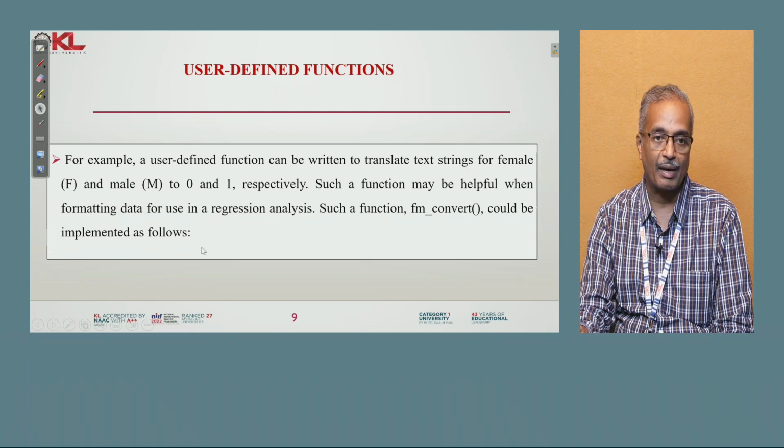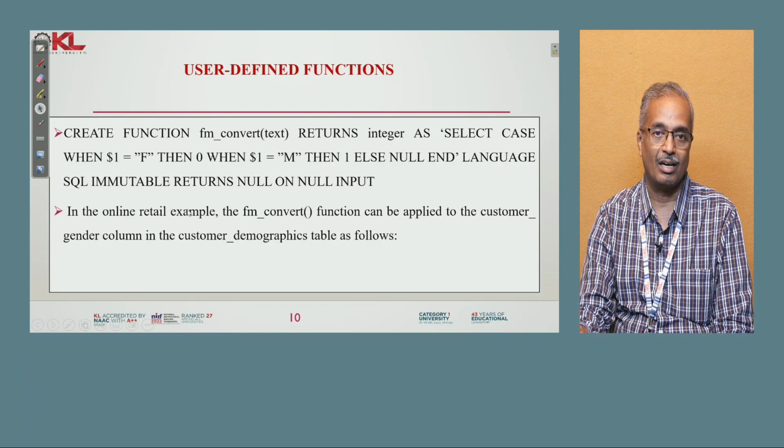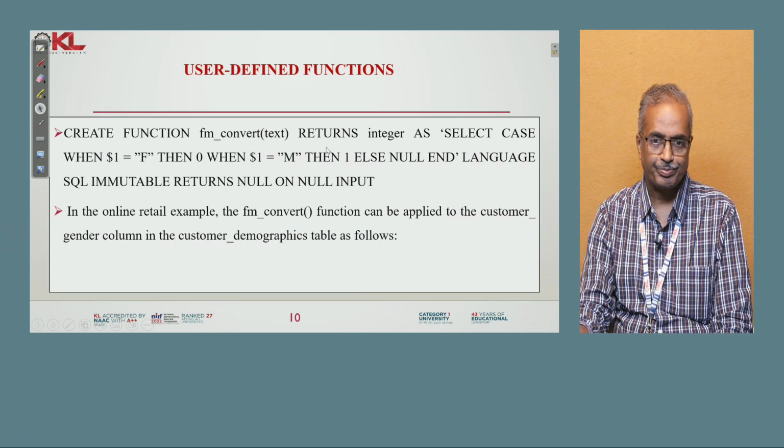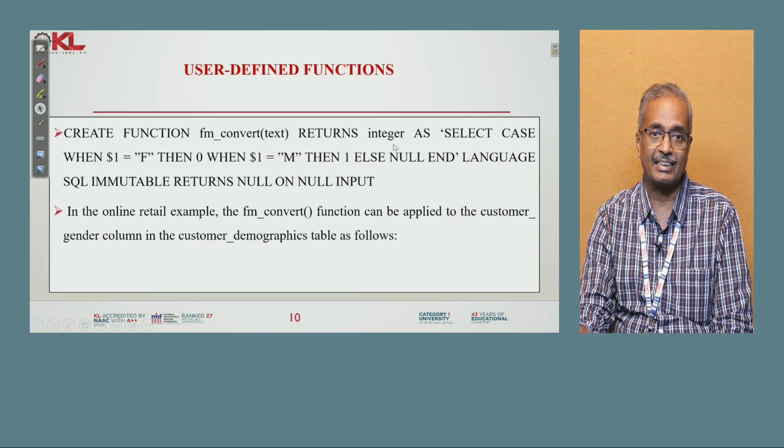The next one could be implemented like this. Create a function, for example FM convert, where F stands for female and M stands for male. But dear students, this is not a predefined function. The FM convert function is a user defined function, its parameter or argument is text, and it returns an integer data type.